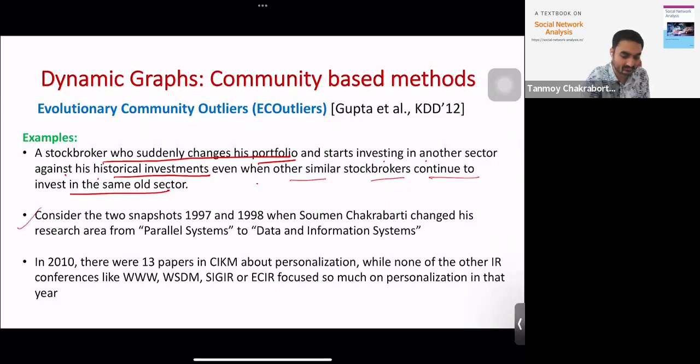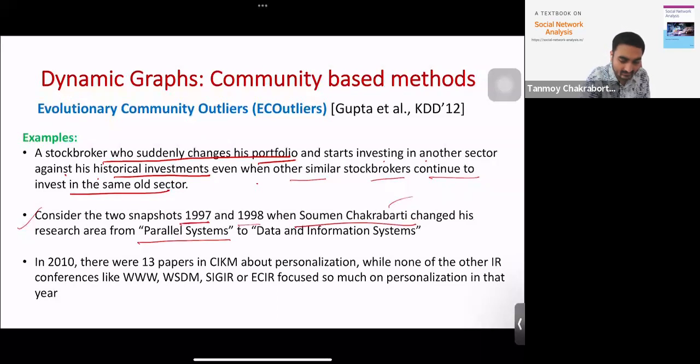Another example, this was a real example. Let's take the example of Tanmoy Chakraborty, who is currently a professor at IIT Bombay. If you look at his research, he started in parallel systems. His PhD was on computer architecture. Till 1997, he used to publish papers in parallel system conferences and journals.